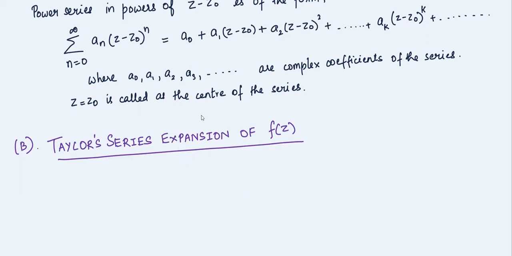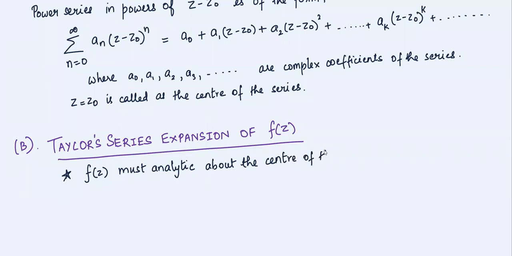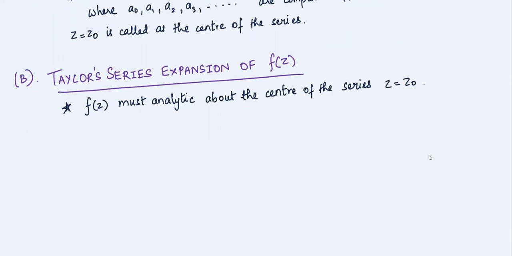Now, a very important note is that for a Taylor series to be defined, f of z must be analytic about the center of the series, z equal to z naught. Okay, very important note this is.